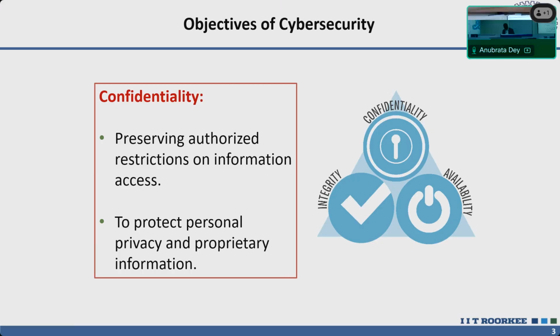So basically the major objective of confidentiality in cyber security is to protect our personal privacy and proprietary information. That is very important. For any type of data, any type of smart devices, when they communicate with other smart devices, they send data. So only authorized users, let's say engineers who are authorized to have the data, only they are able to observe or get access to that data.